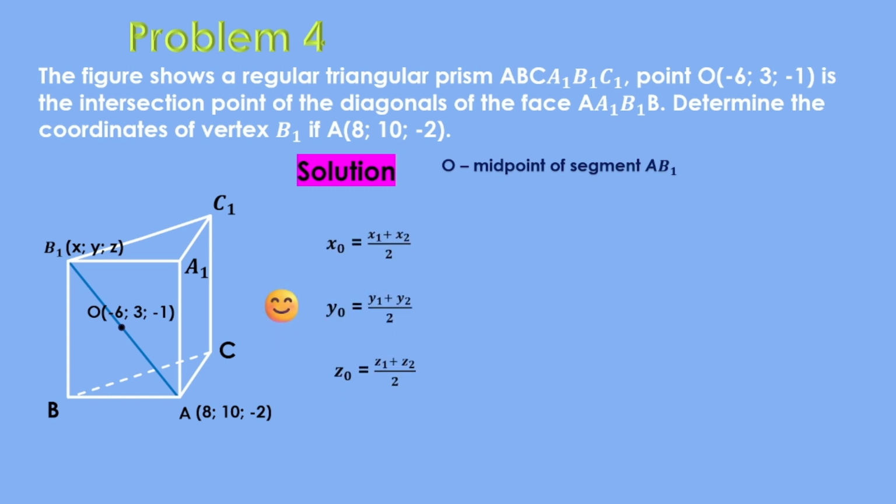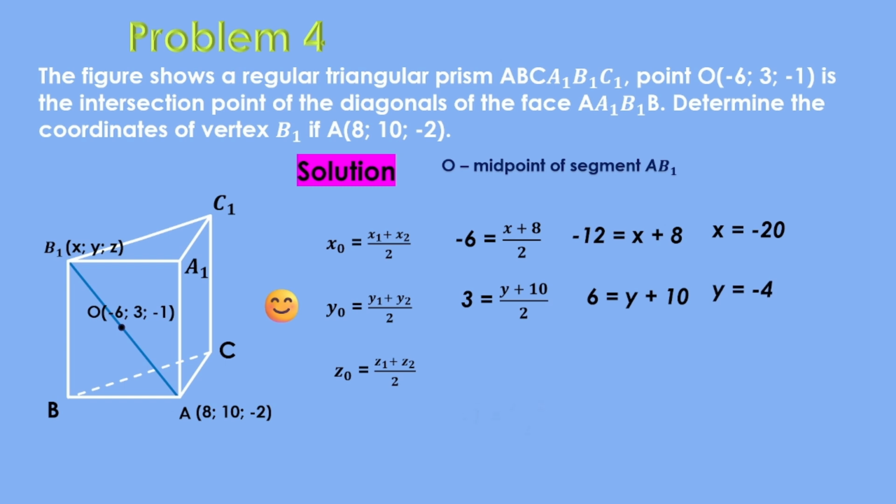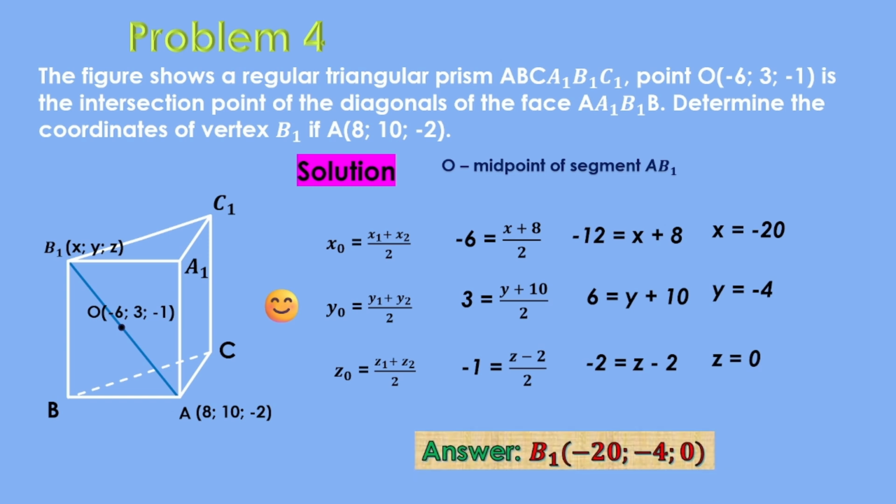So, knowing the formulas for finding the midpoint of the segment, we can substitute instead of x0, -6, instead of x1, x, instead of x2, 8, and find from this equation x, and we will have that x equals -20. Thus, we can find y will be equal to -4, and z will be equal to 0. So the coordinates of point B1 are equal to -20, -4, 0.